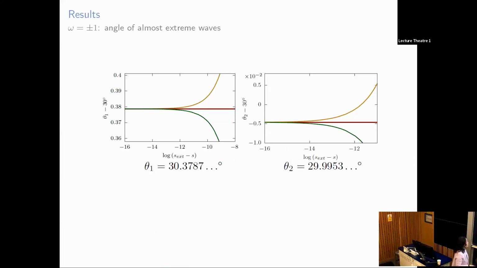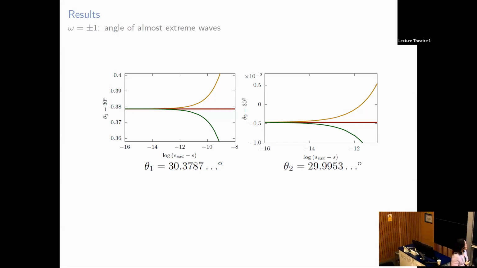And moreover, we computed how this maximum angle changes as we get closer and closer to the extreme wave. On the horizontal axis, we measure how close you are to the extreme wave in log scale. And on the right is the difference of your angle. This yellow curve is vorticity +1, the green curve is vorticity -1, and the red curve is 0 vorticity.